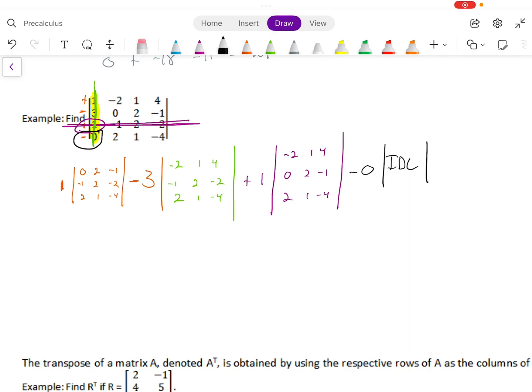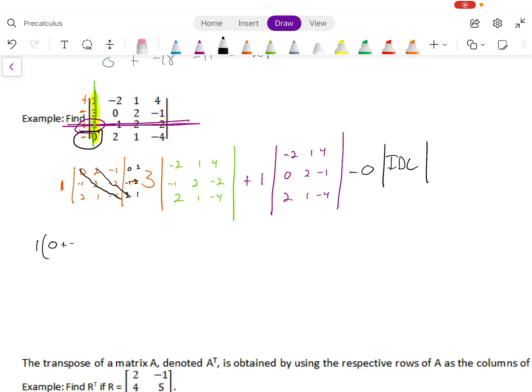Let's go ahead and use diagonals for this one. So we have 0, -1, 2, and 2, 2, 1. So we have 1 times 0. So we're multiplying these diagonals.